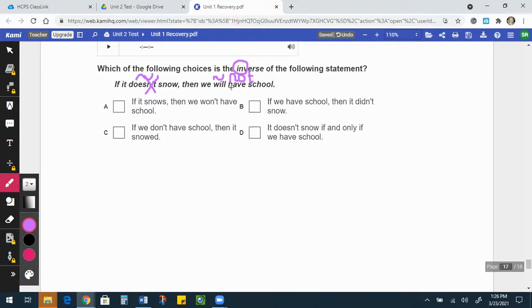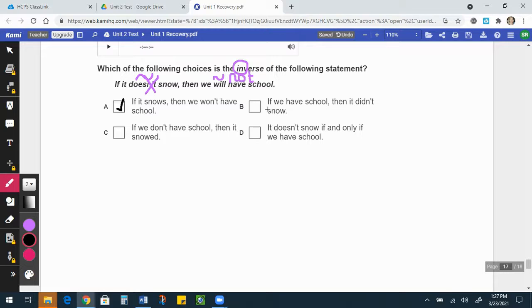You keep it in order, but negate each part. All right, so let's see. If it does snow, then we will not have school. I think that's A. If it snows, then we won't have school.